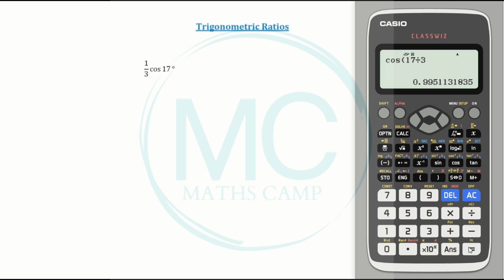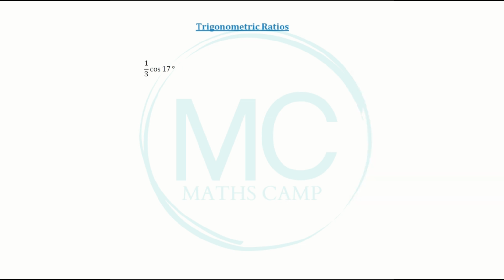Unfortunately, this is not the correct answer because remember, this bracket is for the angle. So we are looking at cosine of the angle 17 divided by 3. So let's try again. Cosine 17, close the bracket, divided by 3, and we get an answer of 0,318. Let's round off to 2 decimal places, and we get an answer of 0,32. This is our correct answer.